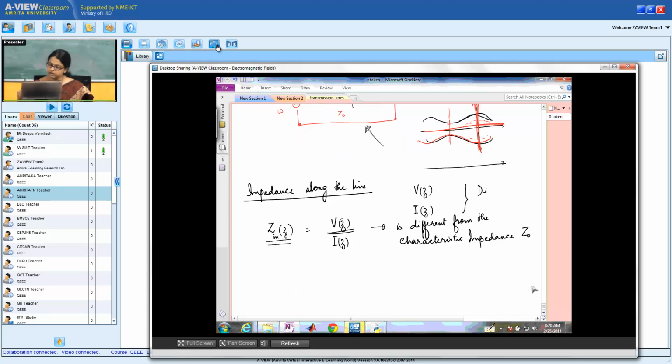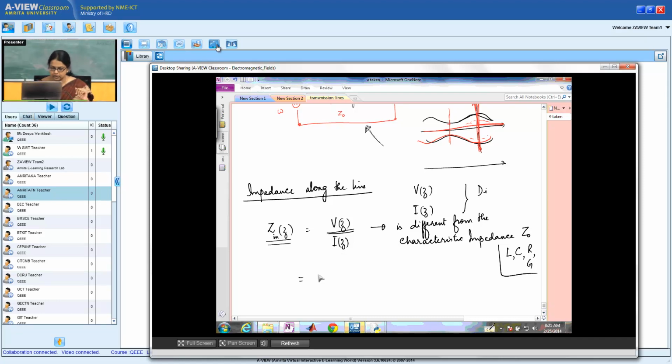This characteristic impedance depends on the inductance, capacitance, resistance and conductance. So characteristic impedance is decided by how the line is constructed, whereas the input impedance is simply the ratio of voltage to current.